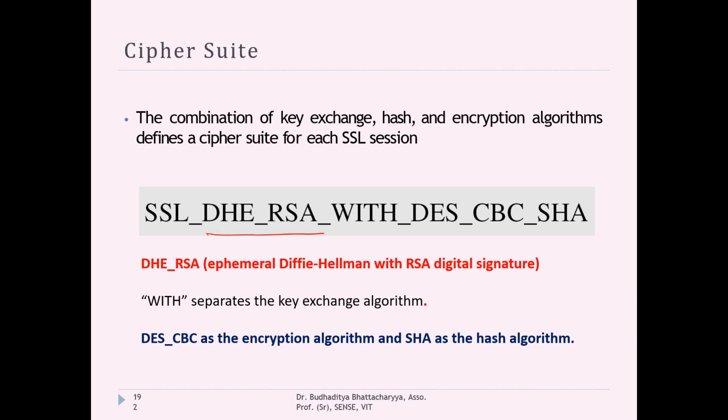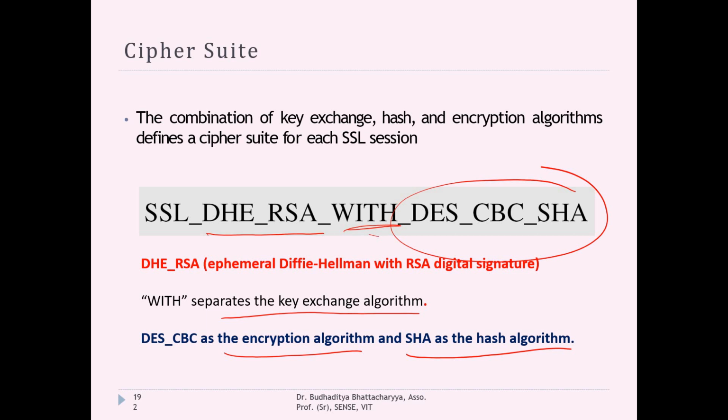Remember the process of key exchange and the session key exchange. This is where the exchange will happen. All this information will be shared one after the other. The 'with' part is basically a conjunction. You can see that 'with' separates the key exchange algorithm. This part is the encryption algorithm and SHA is acting as the hash algorithm. So the three basic needs that you have are the encryption algorithm, the hash, and the third one, the key exchange protocol.